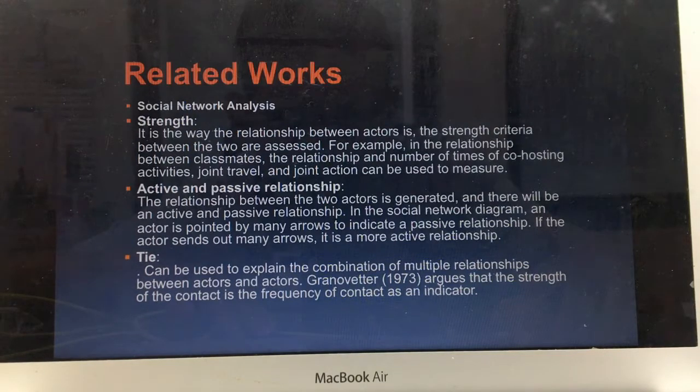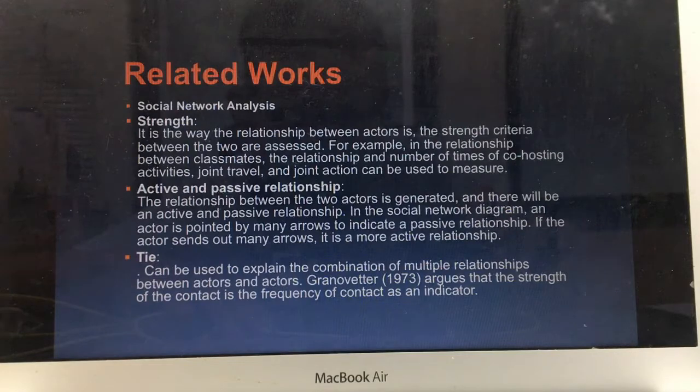In the school social network diagram, an actor pointed at by many arrows indicates a passive relationship. If the actor sends out many arrows, it is a more active relationship. We also have the tie, which can be used to explain the combination of multiple relationships between actors.